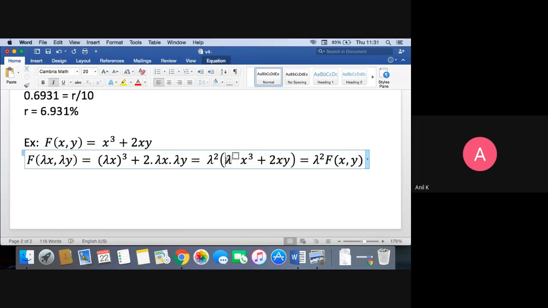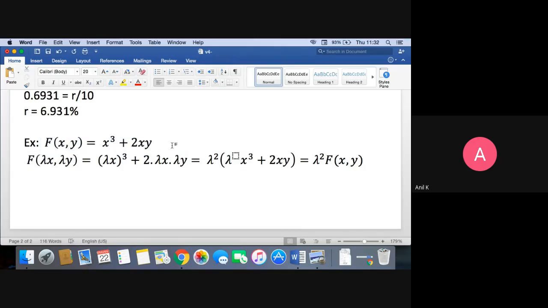So can I say lambda x cube plus 2xy will be the same as f of x comma y? It is not, because f of x comma y is just x cube plus 2xy. But here I have lambda x cube plus 2xy. One lambda is extra here. So in this case, this function f of x comma y is a non-homogeneous function.